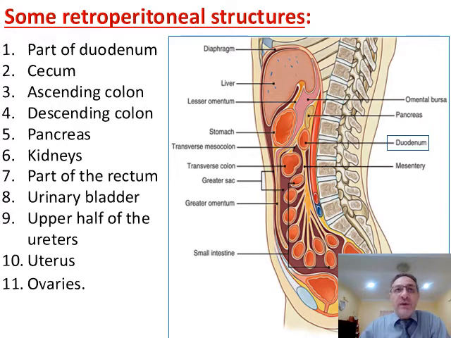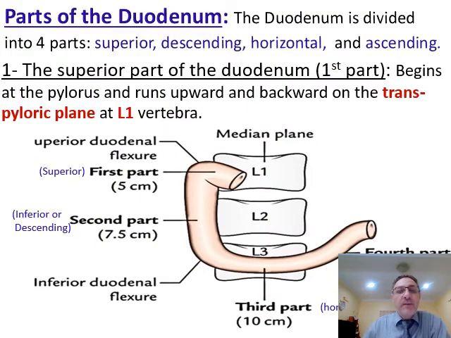This means peritoneum only covers part or surface of these structures, not covering all surfaces as in the case of stomach.